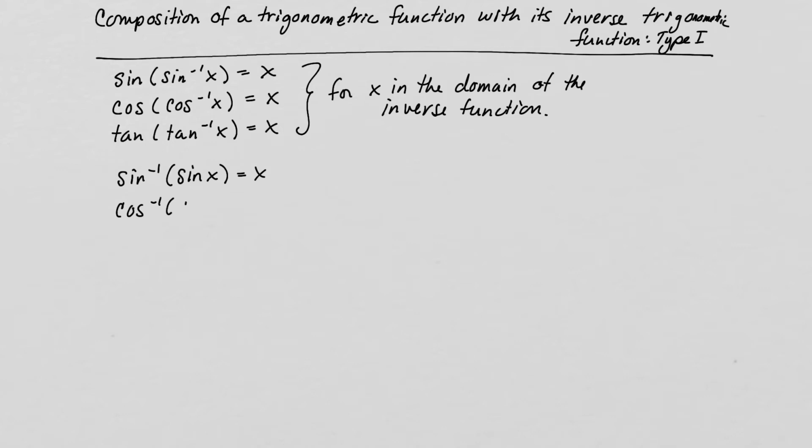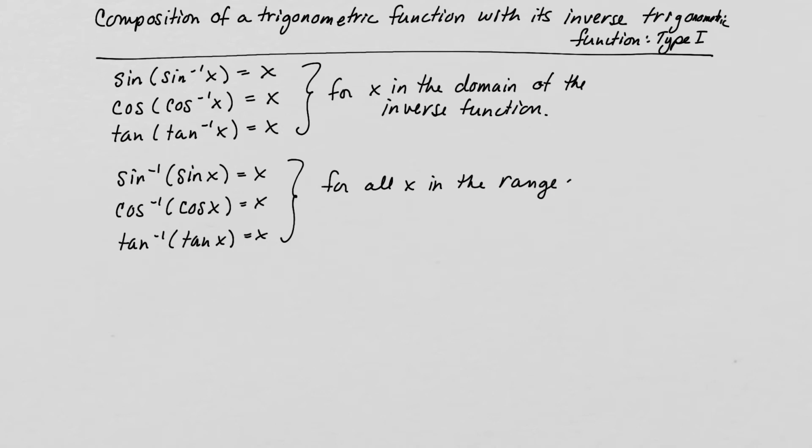Cosine inverse of the cosine of x is equal to x. And tangent inverse of the tangent of x is equal to x. And same thing for all x in the range of the inverse trig function.